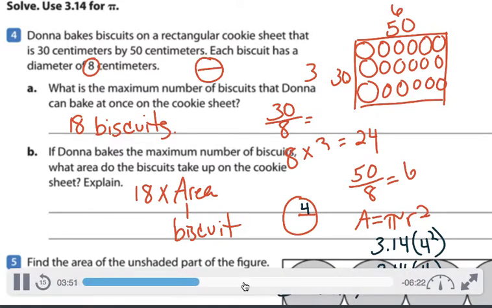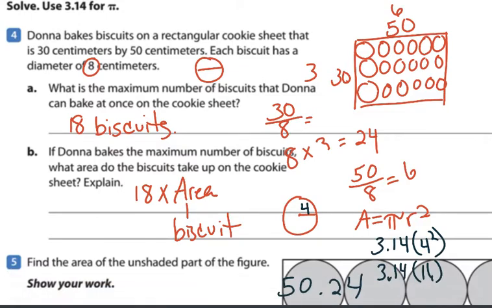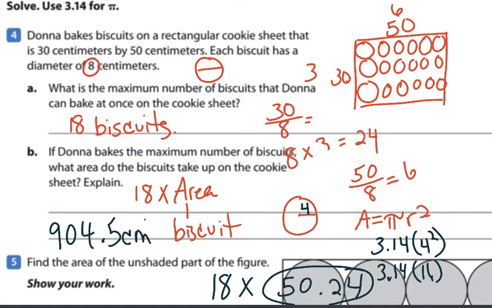All it's wanting is 50.24, because that's the area of one biscuit. So then I'm going to multiply that times 18 biscuits.